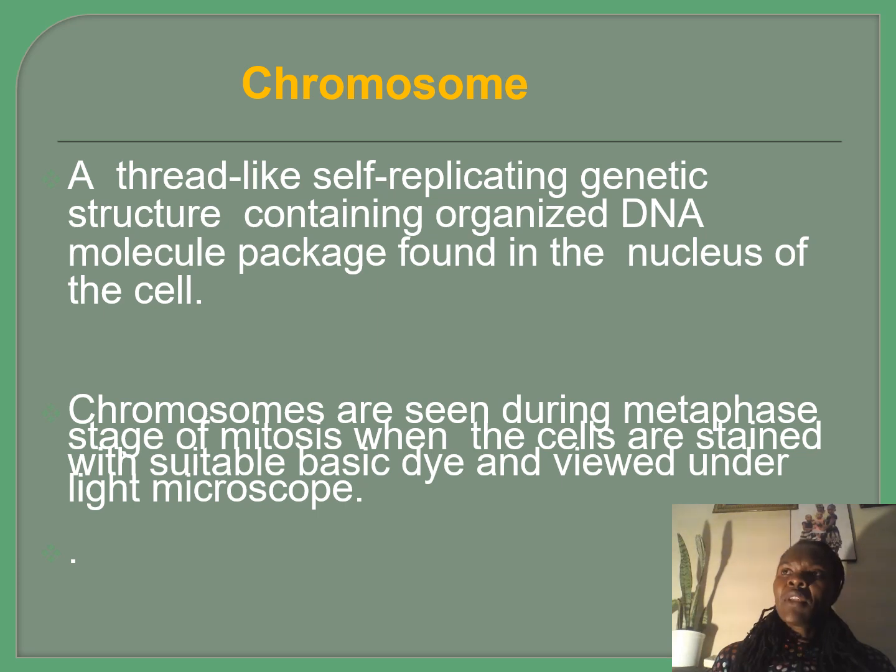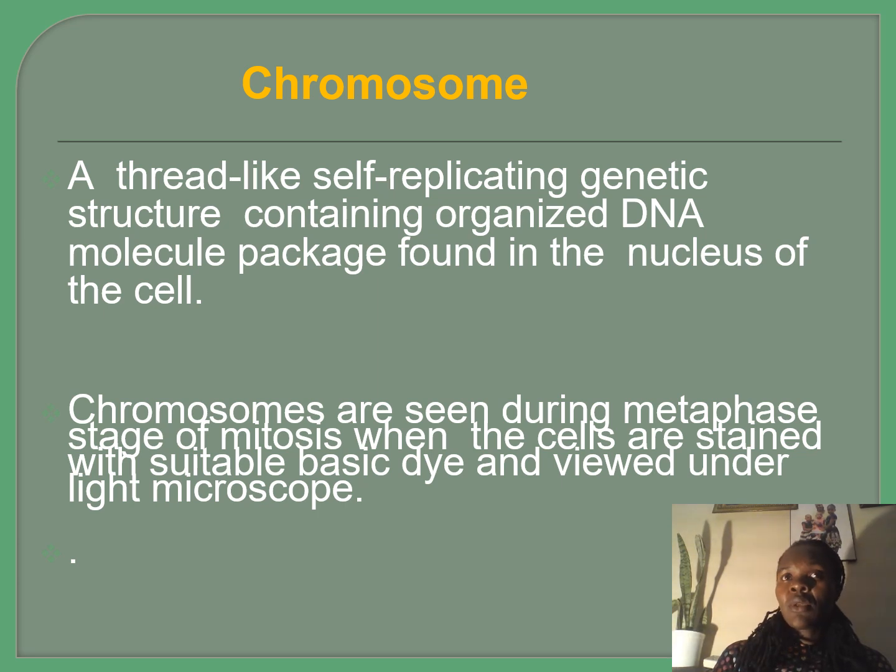By definition, a chromosome is more like a thread, a self-replicating genetic structure. The most important point there is it contains organized DNA molecules. Because we mentioned yesterday, the DNA will be part of the gene.